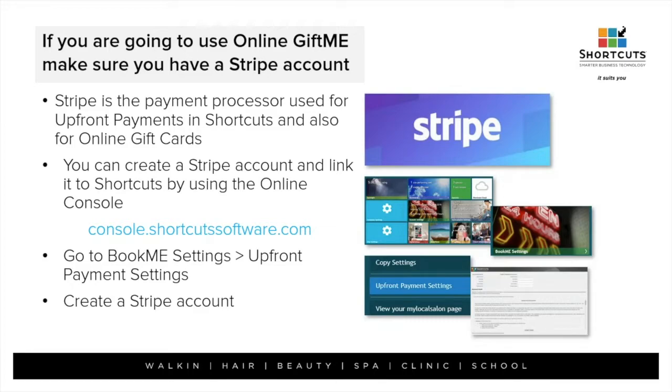So in the Shortcuts online console, the one where you would normally go to set up your online booking information, to give your staff permission to look at their appointments for the week, you're going to go to that page. And on the right side, you're going to go to Book Me settings, upfront payment settings. And the very first thing you're asked to do is to create a Stripe account.